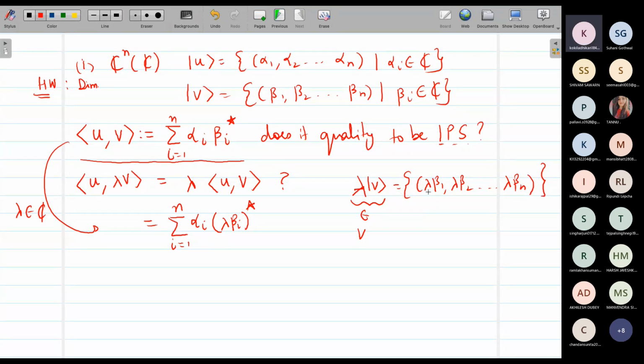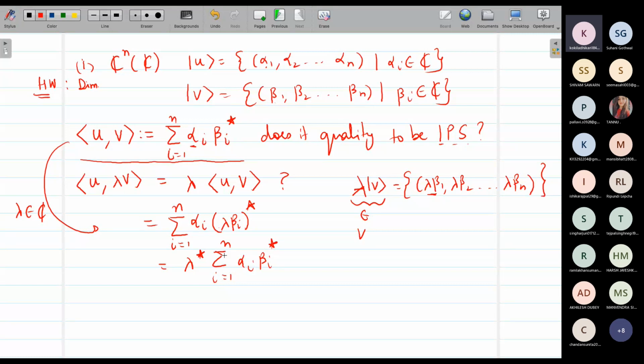The components are lambda beta 1, lambda beta 2. The way we defined it, it is the multiplication of the first component with the corresponding first component, which has now become lambda beta 1, and the second becomes lambda beta 2. What will be the result? All of these are complex numbers. The result will be lambda star times the sum over i from 1 to n of alpha i beta i star.